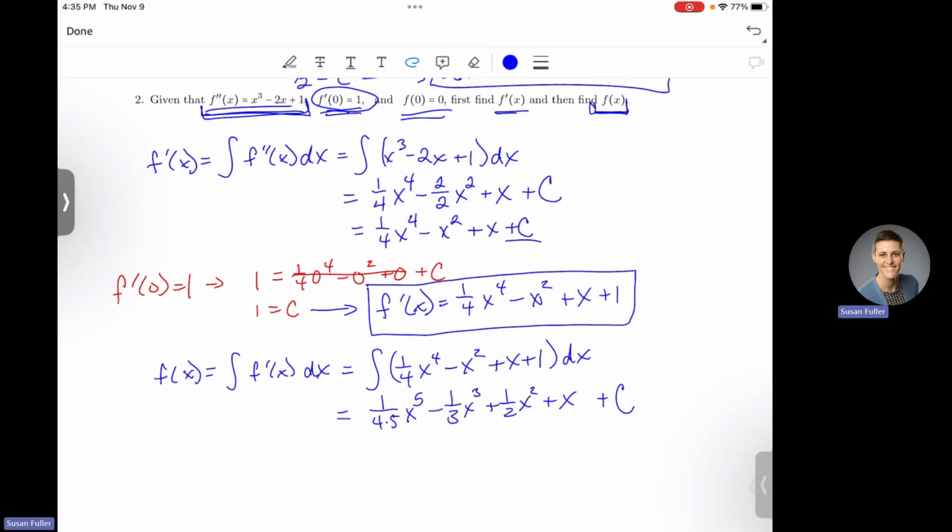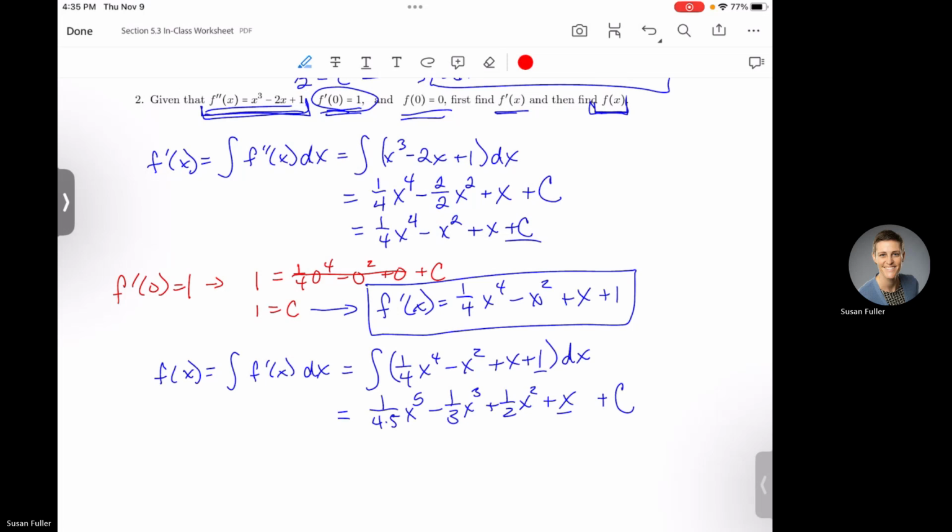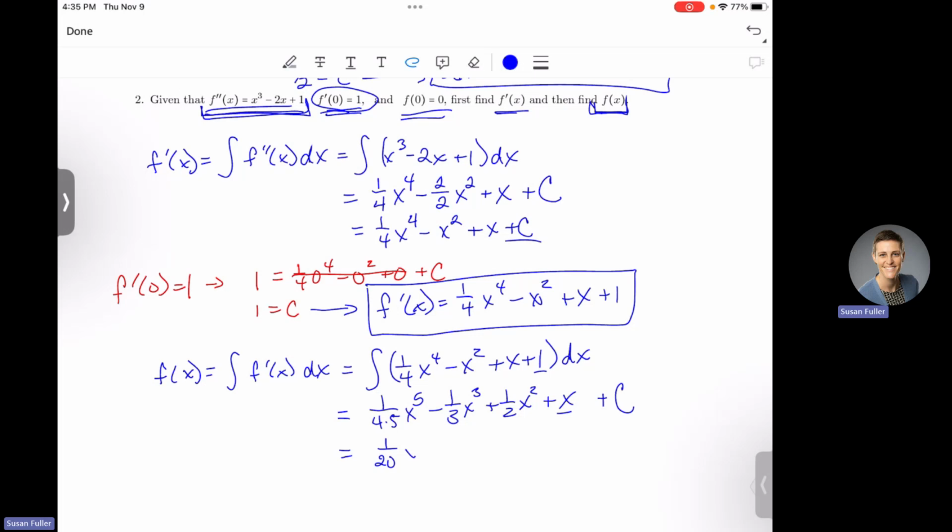Right? I'm just adding 1 to my exponents and dividing by my new exponent. I just did that repeatedly, and the antiderivative of 1 is just x. So I'll simplify this a little. We get 1/20 times x to the fifth minus 1/3 x cubed plus 1/2 x squared plus x plus c.